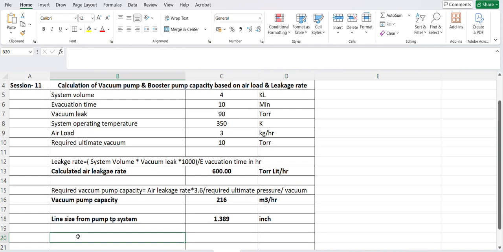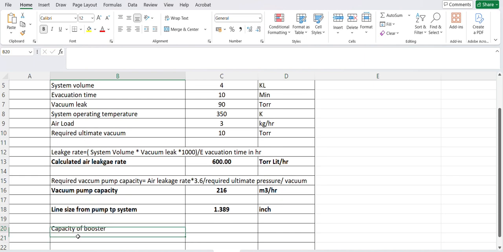Then we calculate the capacity of the booster, which is for the additional vacuum or evacuation capacity.